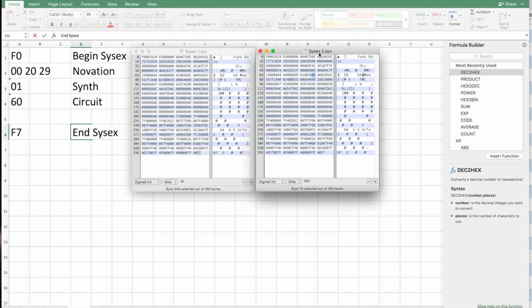Even though I know this patch is called Sysex 2 and that's what I named it, if I'm going to send that patch to someone else and they're going to drag that onto their Circuit, it will show the name there, and it could get them very confused if they're both called Funk Bass. So you will have to go into the Sysex and change that information.